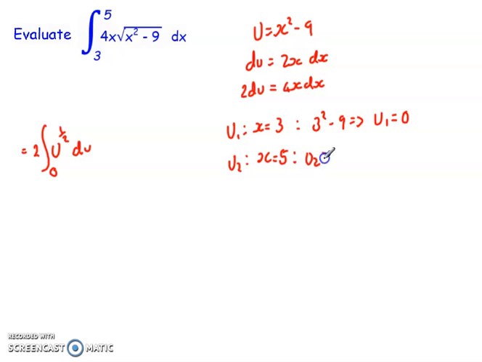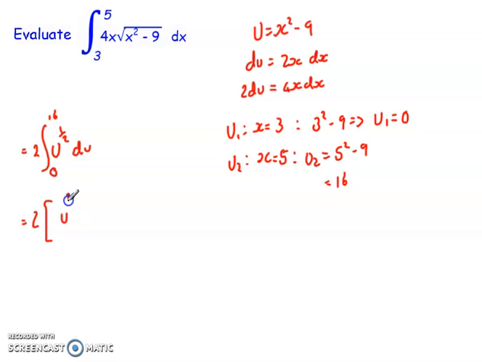So u2 is equal to 5 squared minus 9. 5 squared is 25. 25 minus 9 is equal to 16. So there you go. I've now got a new upper limit and a new lower limit, which I can use in my calculation. So now we just integrate it and then follow our standard rules.